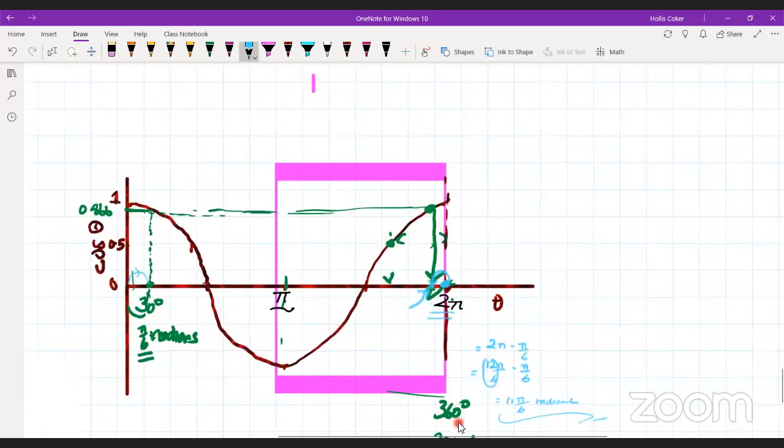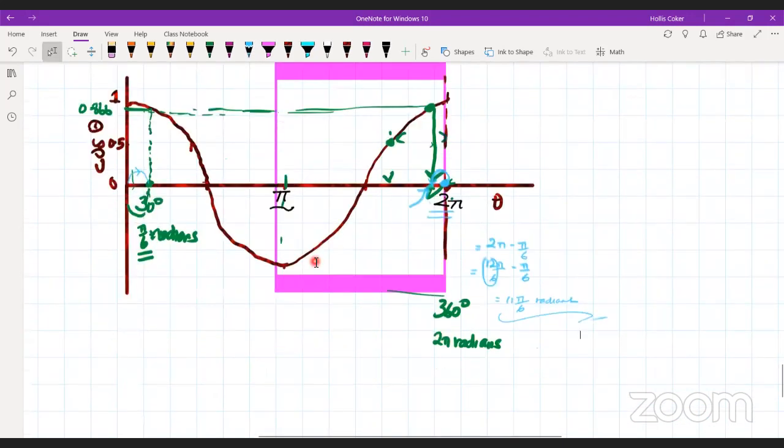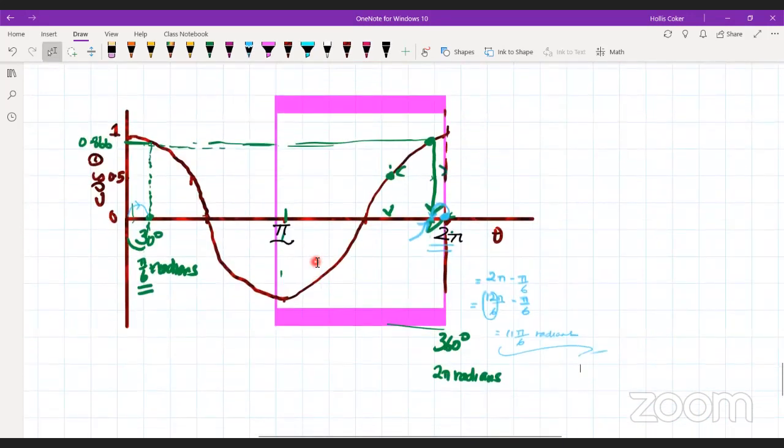Make sense? Can you explain that last part one more time? Okay. I'm saying this angle here is 30 degrees, and 30 degrees is pi on 6 radians. Now, the graph is symmetrical about this line here.